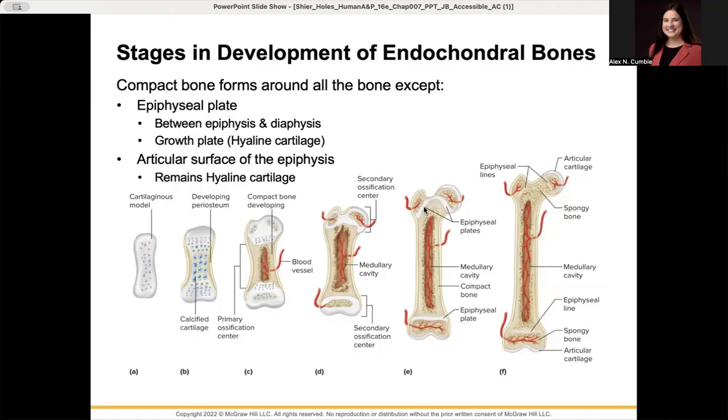When you're a child, if you've ever had x-rays done, you can actually see that cartilage on the ends of long bones, and that's part of your growth plate, your epiphyseal plate. Eventually, this will disappear as you reach adulthood. But epiphyseal plate is the key word here, something you may need to know for the quiz. That is just your growth plate, where hyaline cartilage is involved through the process of endochondral ossification, making bones.